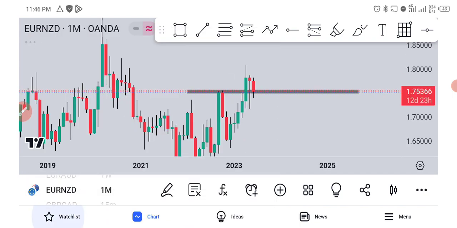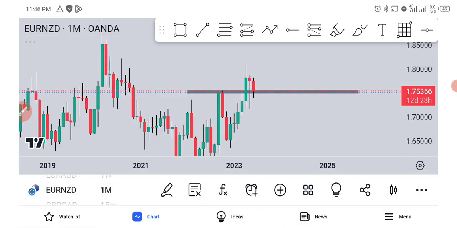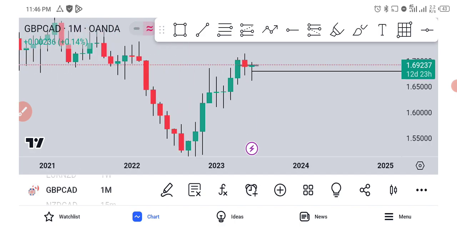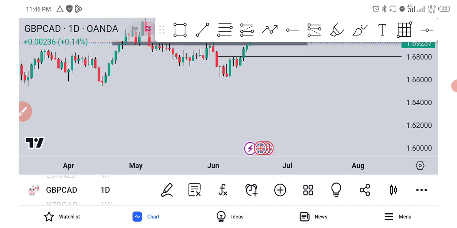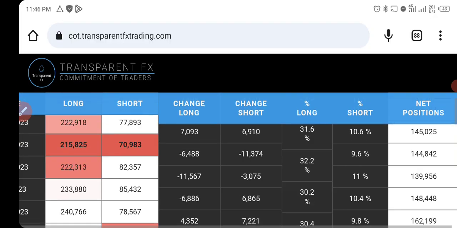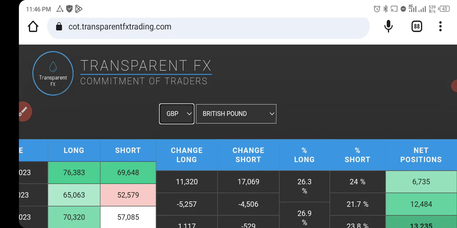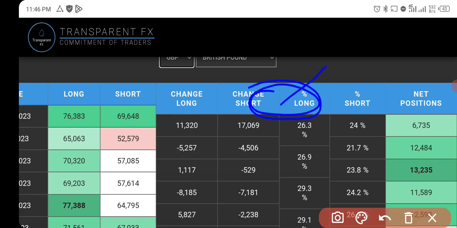Now let's check what we have on the GBP card. So here from our GBP card is selling. We want to sell the pair. So let's check our COT data. So starting here on the GBP card, let's check our GBP. GBP is currently strong but getting weak. Now let me explain.